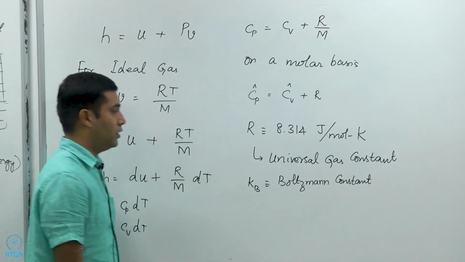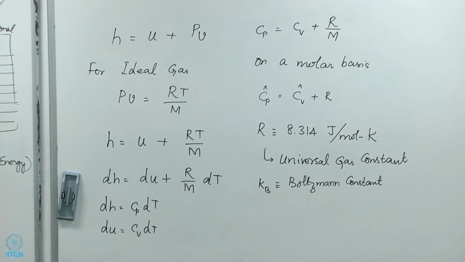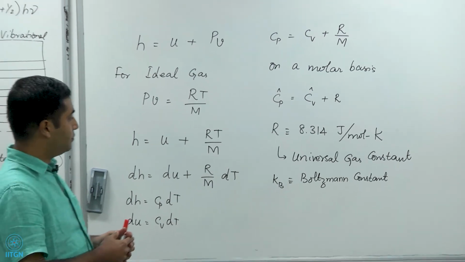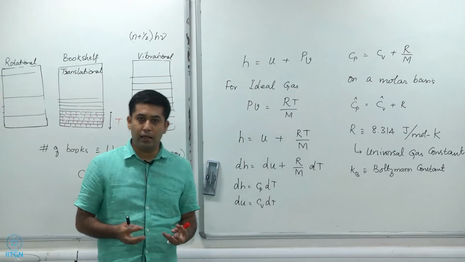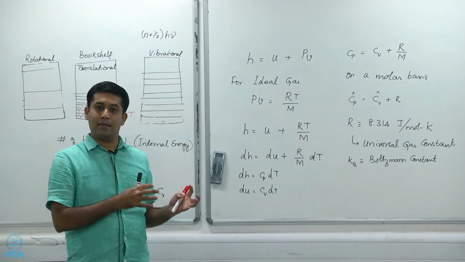It's named after an Austrian mathematician called Ludwig Boltzmann. He was the first person to link statistical mechanics and statistical thermodynamics with classical thermodynamics.